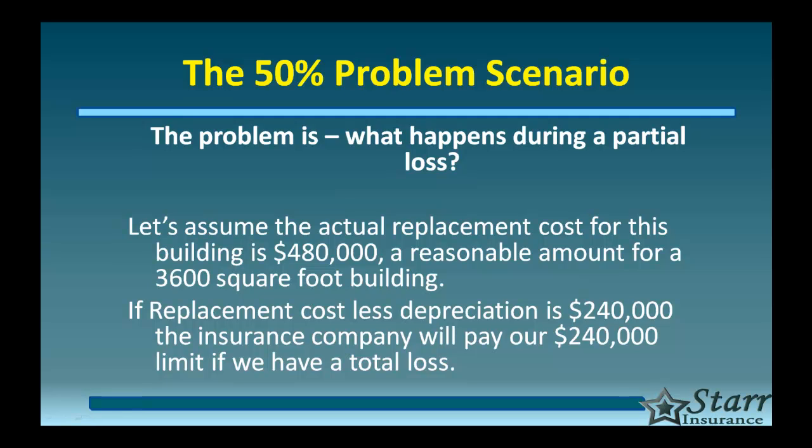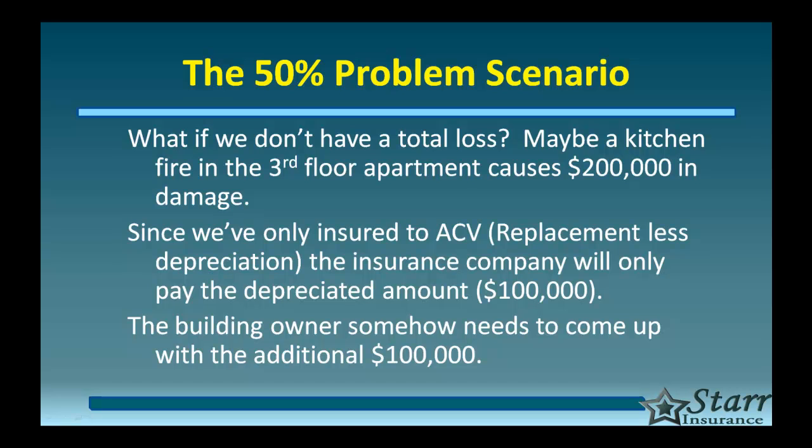But that doesn't concern us too much because we still have $240,000, our policy limit, which was a little more than what we paid for the building, and it's about the market value of the property. The problem is, what if we don't have a total loss? Maybe a kitchen fire in a third-floor apartment causes $200,000 in property damage. Since we've only insured to ACV, replacement cost less depreciation, the insurance company will only pay the depreciated amount, $100,000.